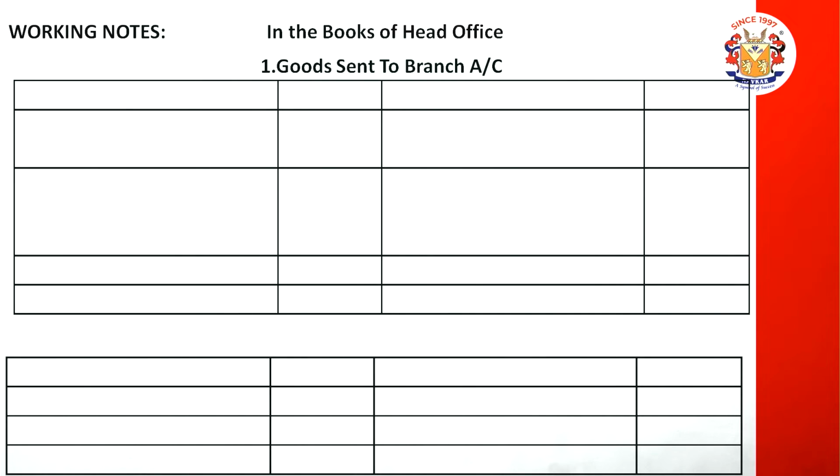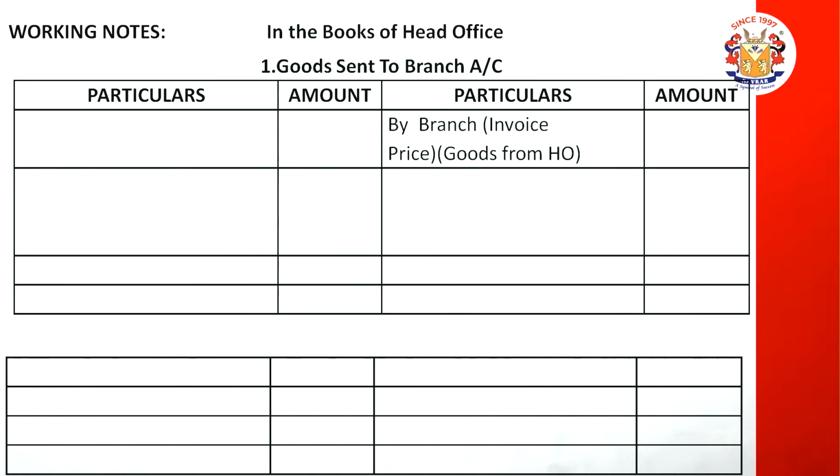First one, in the books of HO, goods sent to branch account. On the credit side, 13,50,000 goods from HO. On the debit side, loading on goods received. I have already explained all these journal entries, so later posting of these transactions will be very easy for you.